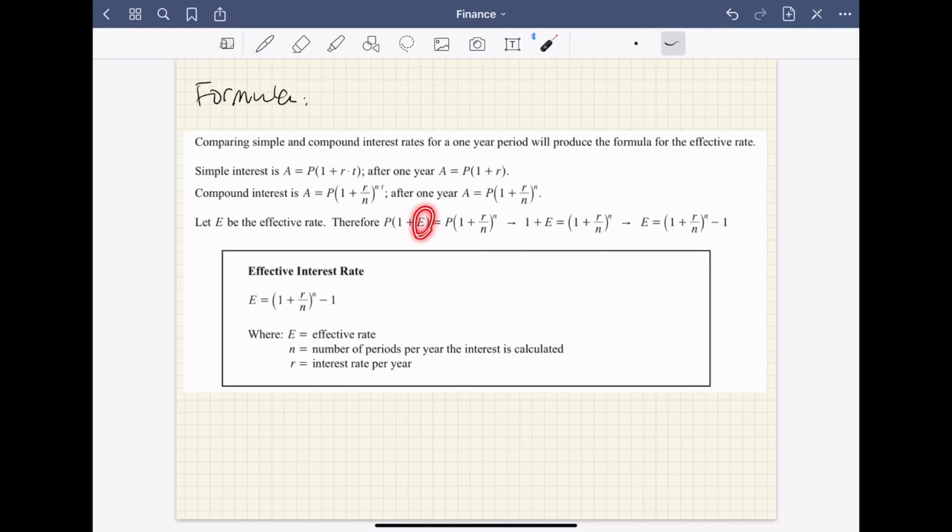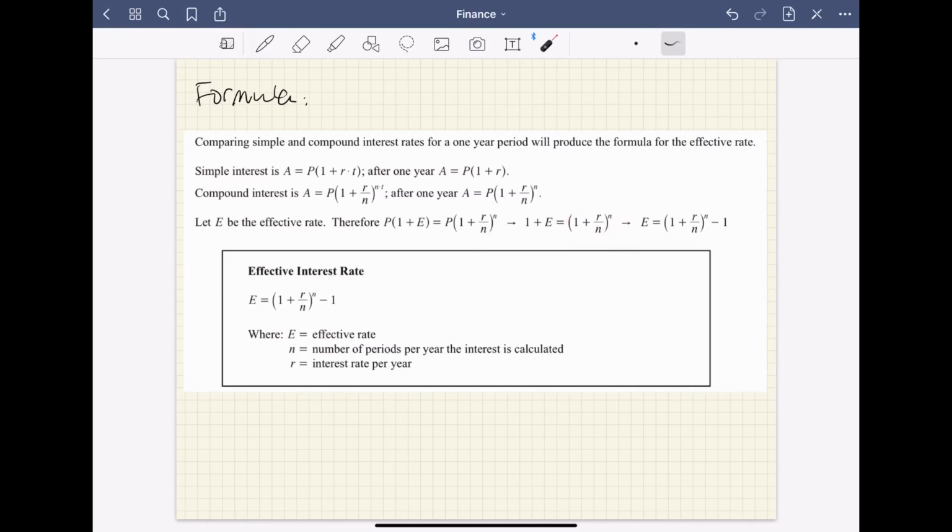What we want is just to calculate the E here. So if we let the simple interest equal to the compound interest, then we'll be able to calculate E. P's on both sides, so P can be cancelled. That means 1 plus E is equal to this.